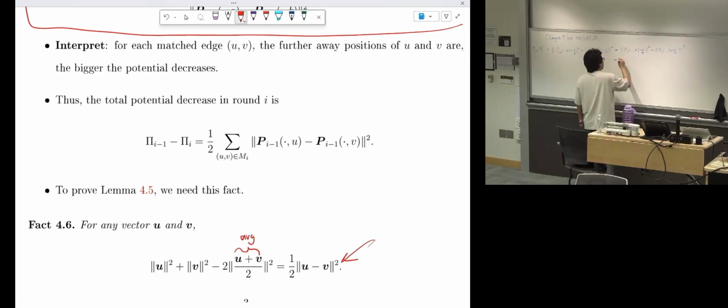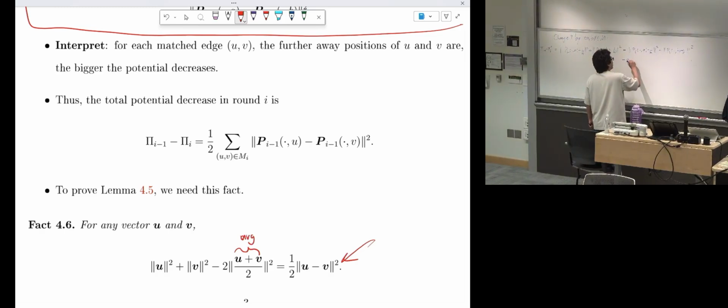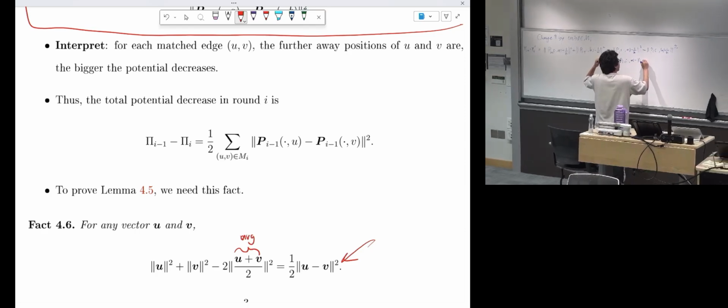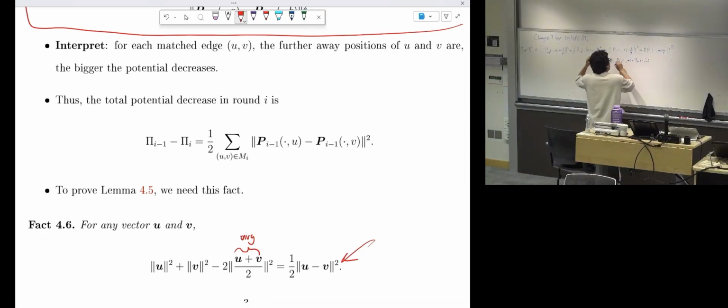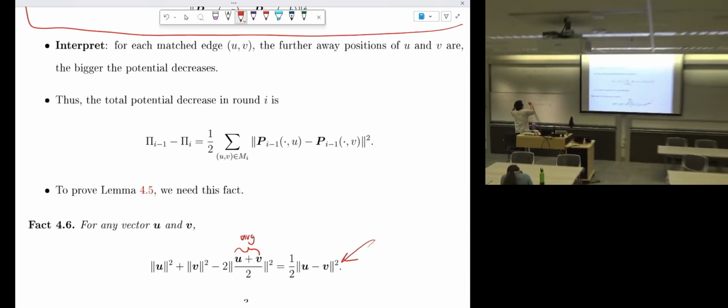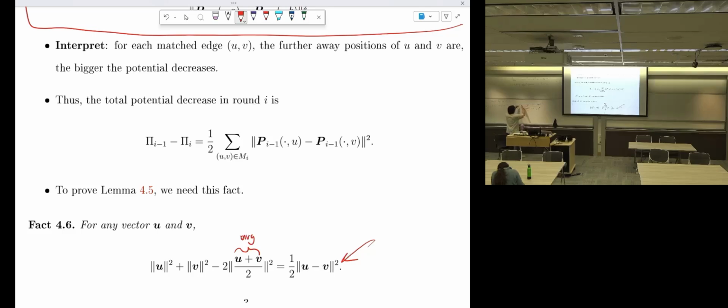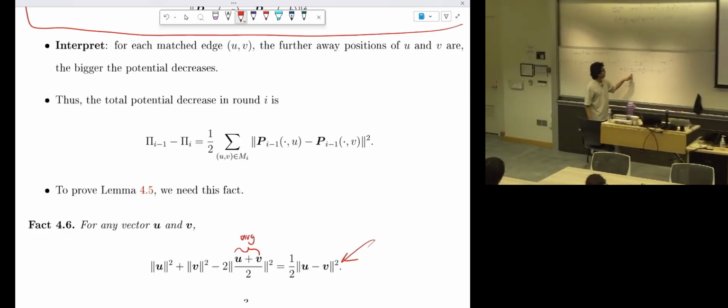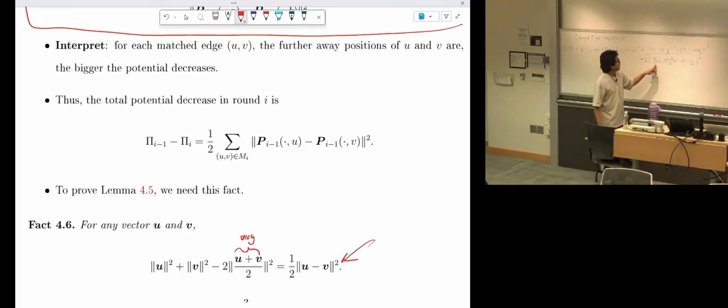the same thing, 2 times the average of A and B, minus this thing. I can replace this by this thing. Good.